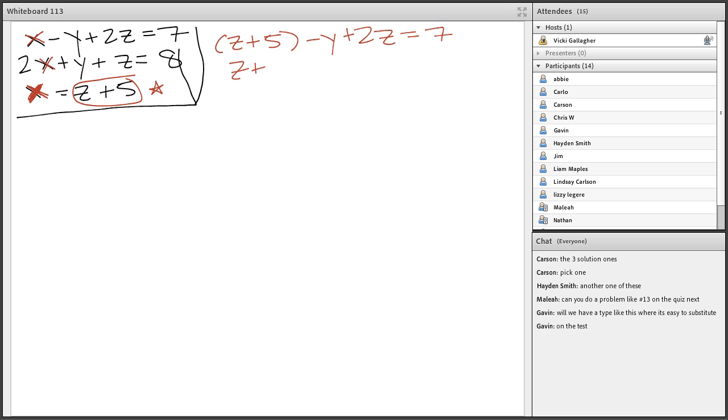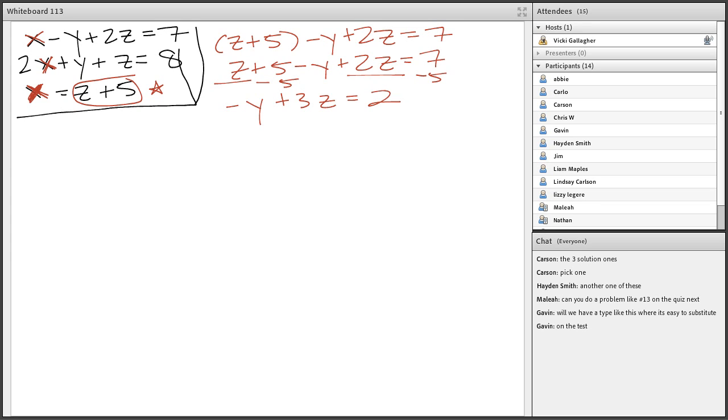And honestly, those parentheses were kind of pointless. They didn't really do anything. Okay, so I have a negative y and a 3z, and then I'm going to minus the 5 over here, so that equals 2. So that was the first equation. And then I'm also going to substitute it into the second equation.